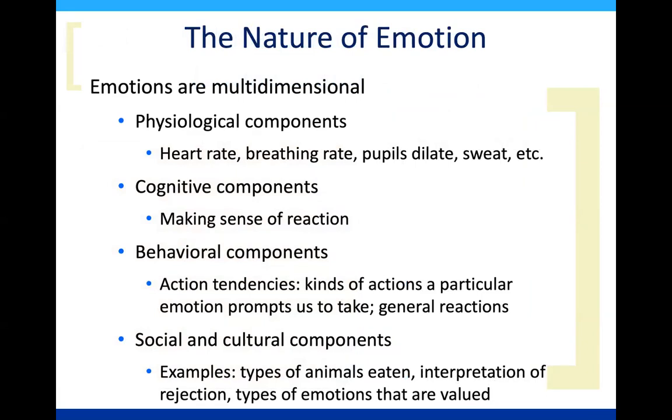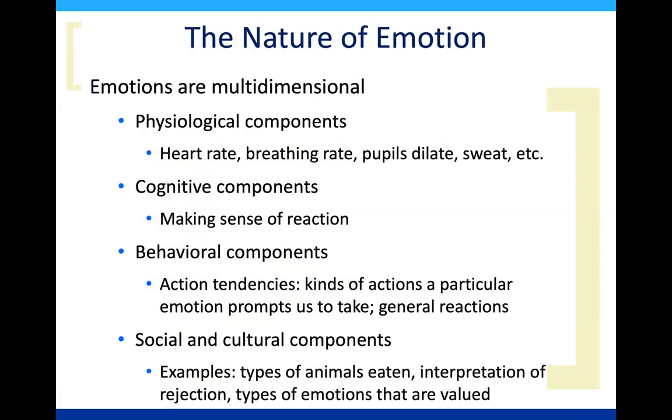Emotions are multidimensional. We mentioned this earlier as part of the definition. We see that there are multiple components that feed into how we interpret an emotion. First off, there are the physiological components. How do we react to an emotion in terms of our physiological response?